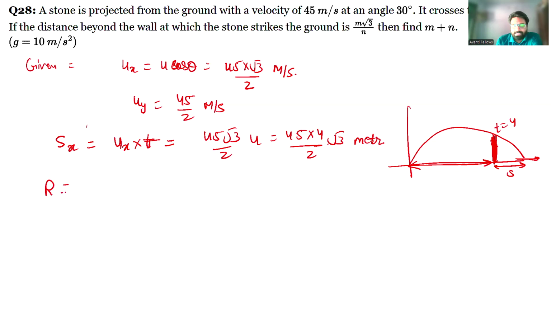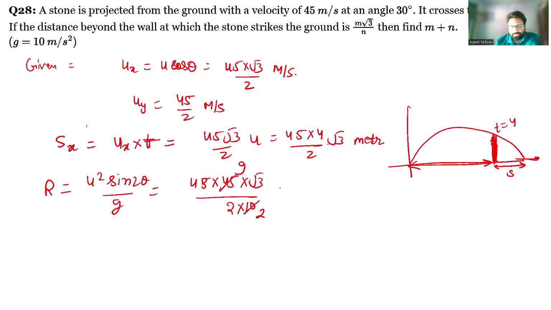So for that you find the range. Range is u square sine 2 theta by g. U square is 45 into 45 multiplied by sine 2 theta is sine 60, which is root 3 by 2, divided by 10.